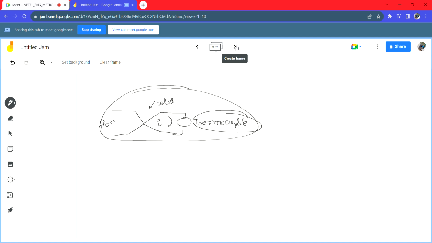Now it is important here to see a factor that in all the three classes of temperature sensors that we studied here, we studied about the thermistors, we studied about the RTDs, and we saw the thermocouples.